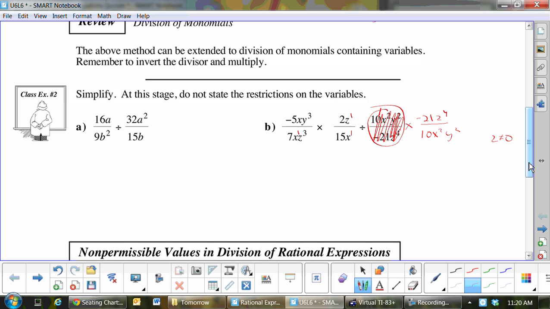But let's just do the numbers. Is there any numbers I can reduce? Negative 5 and 15. So this would be negative 1 and 3. And if you need to, circle them. So you're like, okay, that's the last number I'm using there. Anything else? 2 and 10, right? So that's out. That would be 5, and make sure you put a 1 there. 7 and negative 21, right?